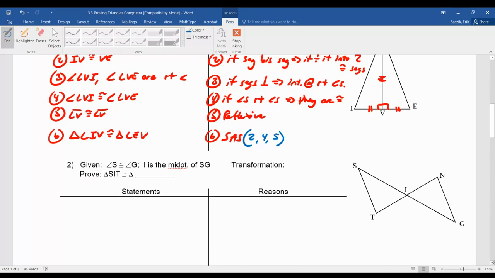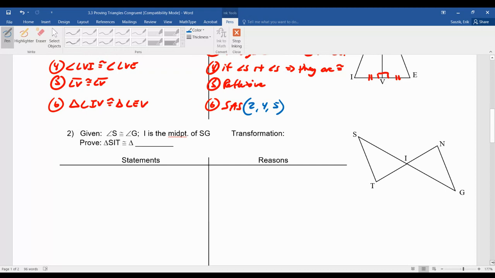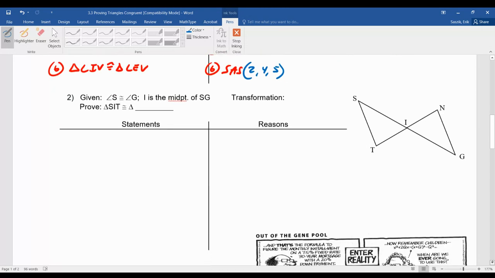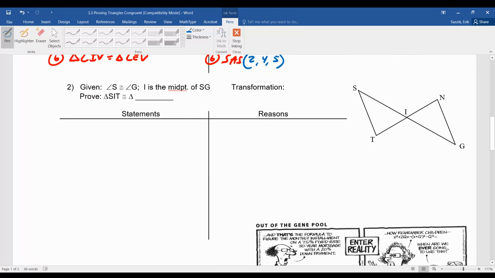Okay, segment S is congruent to segment, angle S is congruent to angle G. I is the midpoint. So we're given a couple things, and a lot of teachers don't allow you to do this. Oh, actually, let's go ahead and mark this angle S, angle G. I is the midpoint of SG.